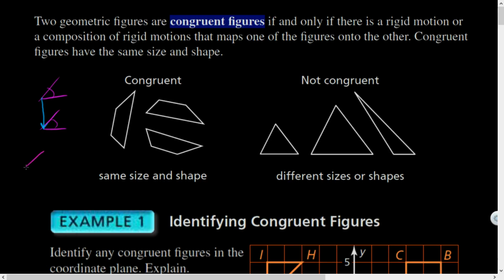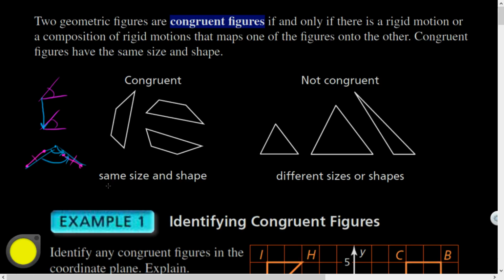And similarly for segments, if I'm talking about congruent segments, let's say that these two segments are congruent, there should be some transformation or series of transformations that would map one of the figures onto the other. And that's actually a way that you can define congruent, and Common Core apparently loves it.